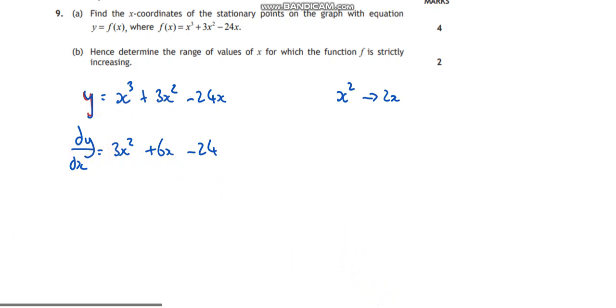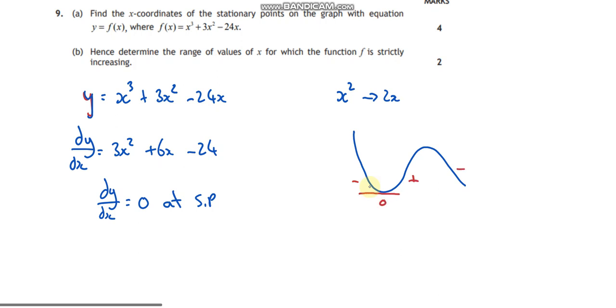And to find the stationary points, well, dy by dx is going to be equal to 0 at a stationary point, because if I've got a polynomial, something like this, as we see, we've got a negative gradient, a positive gradient, a negative gradient, but at the turning point, before we get to these negatives and positives, the gradient would just be 0.